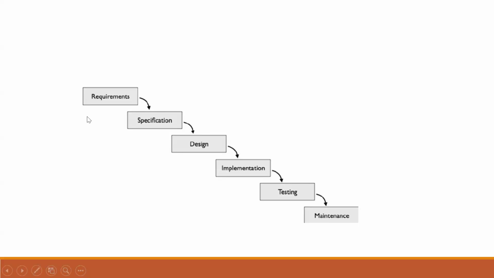The first step is the requirement phase. When the customer comes and asks for something to be done, you ask, what is your requirement? What has to be completed? A deep dive session happens in this requirement phase, and it may last almost, let us say, 20 to 30 days.